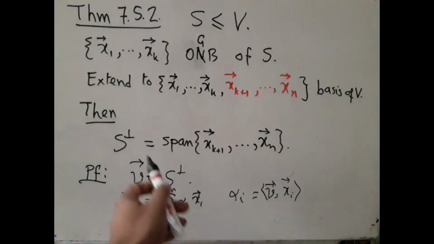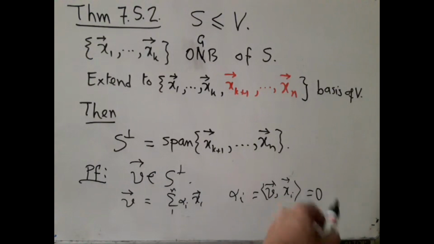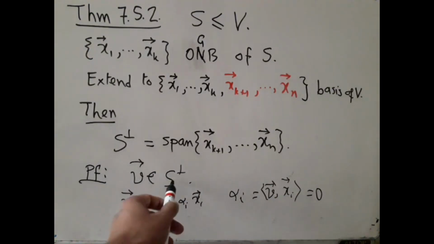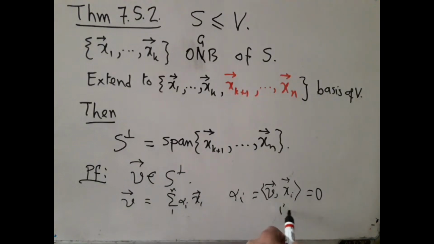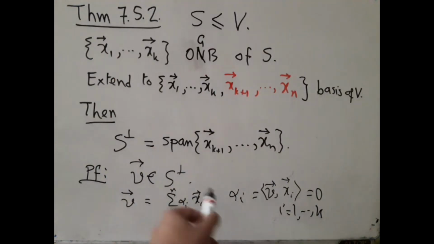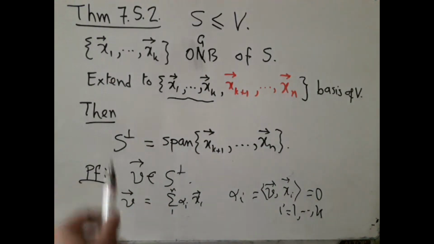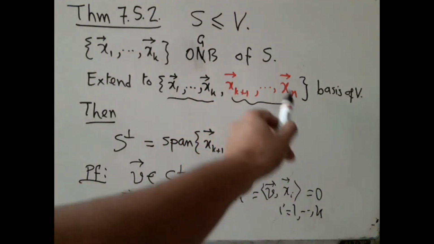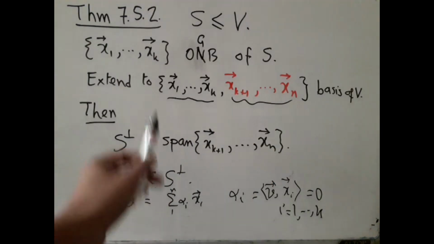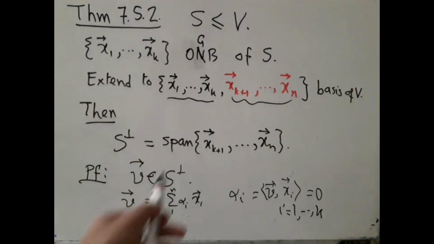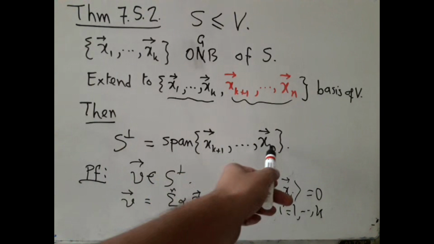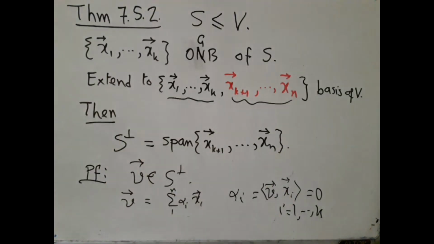Now that is already given to be 0, simply because V is perpendicular to S, and all these xi's, that is i from 1 to k, are in S. So in this linear combination, this part has no contribution, so V must come from the contribution of only the red parts, which means V must belong to the span of xk to xn, and we have already seen the other part. So that completes the proof.